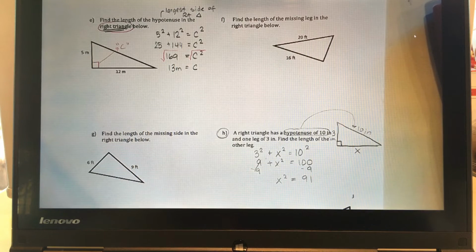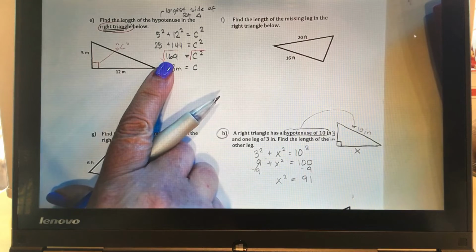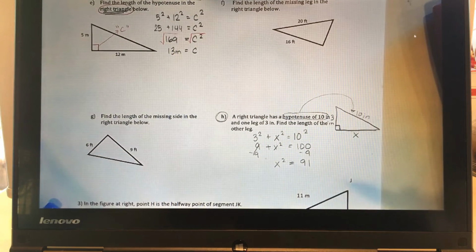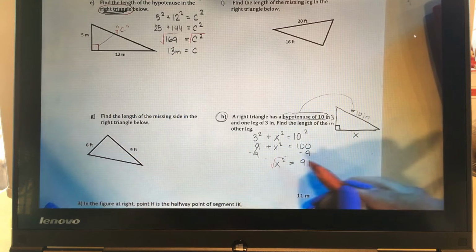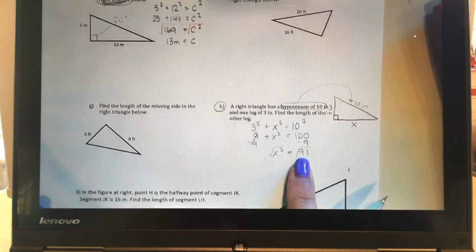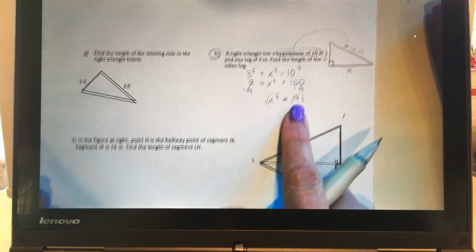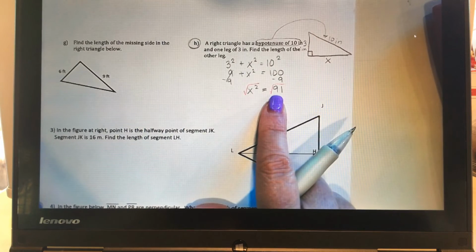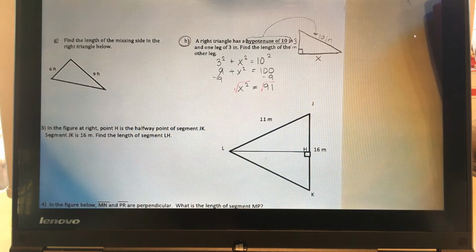Now, we've been really fortunate in these examples that we've done that when we take the square root at the very end, it's been a perfect square. When I take the square root of 91, I have no idea what that is. So if you remember from last week, we did some estimating with squares that weren't perfect. For the sake of solving these right triangle problems, we're going to go ahead and put those non-perfect squares in the calculator.